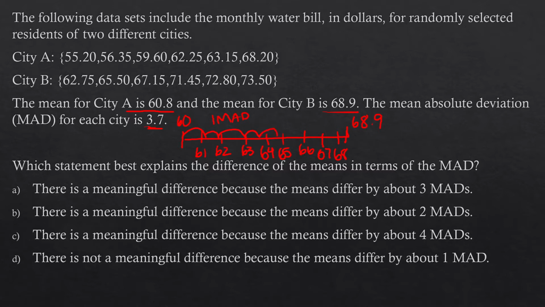And then I have another 3.7, which is another MAD. So I would say that there are about 2 MADs between each of these. It took me about 2 3.7s to almost close the gap. I'm not going to say that it's 3 because 3 goes way over. So that means 2 is going to be the closest here.